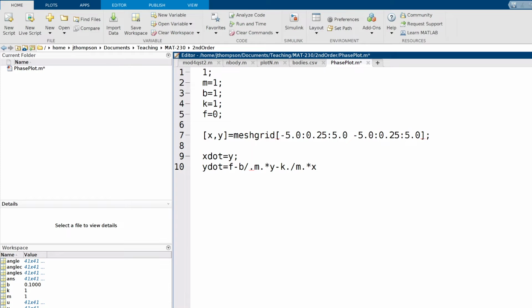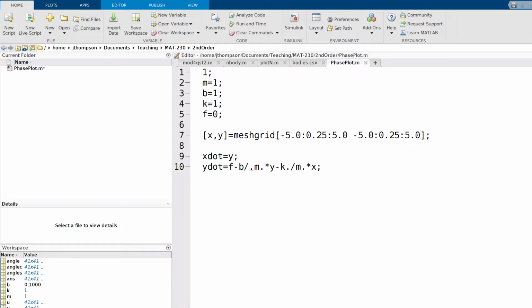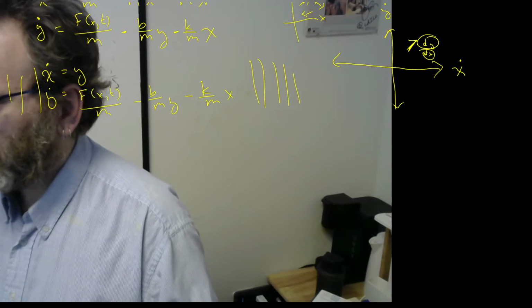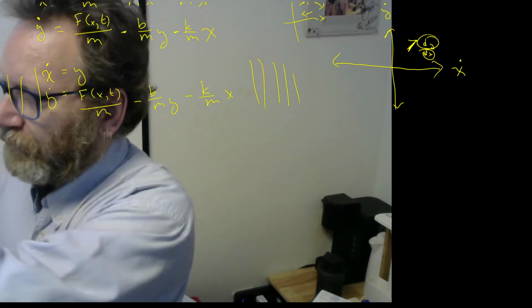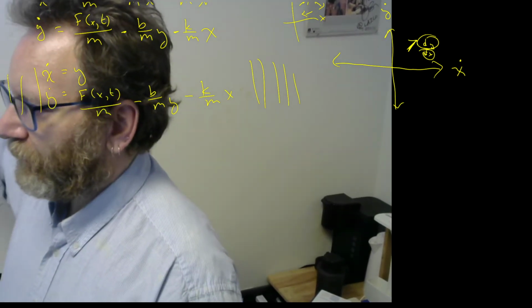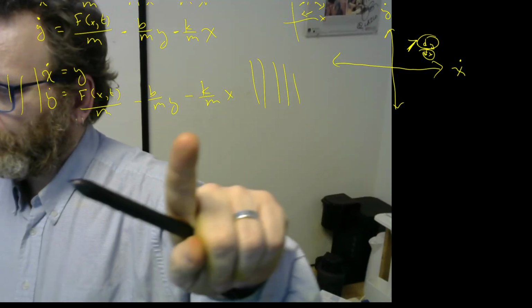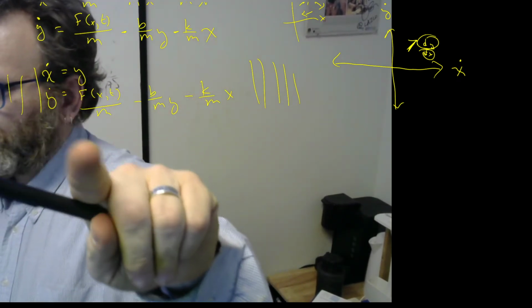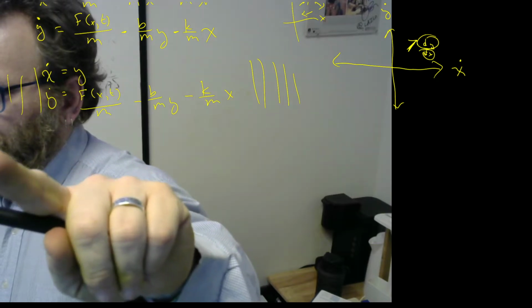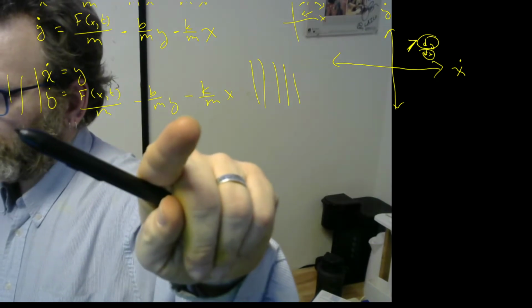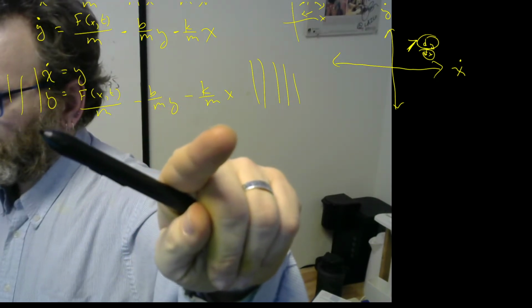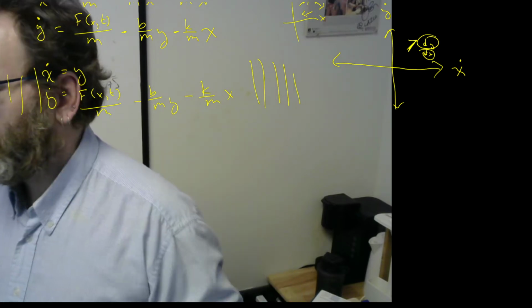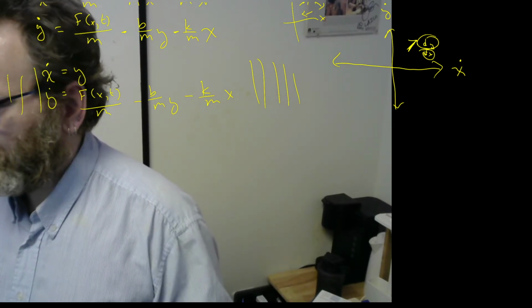Let's see. If we go back, I think that matches our equations fairly nicely. Oh, there they are. Right here: x dot is y, y dot is f minus b over m y minus k over m x. Is that what MATLAB is showing us here?